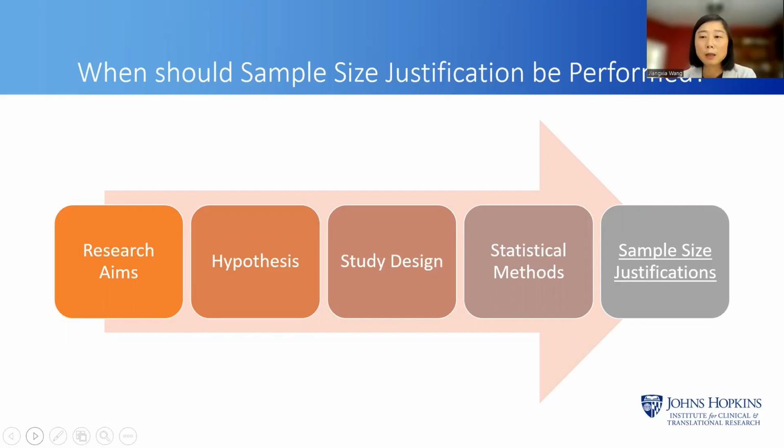So sample size justification should happen after you have made a decision about research aims, hypothesis, study design, and the statistical methods. The order should not be reversed. If there's any change to those previous steps, the sample size justification needs to be carried out again.